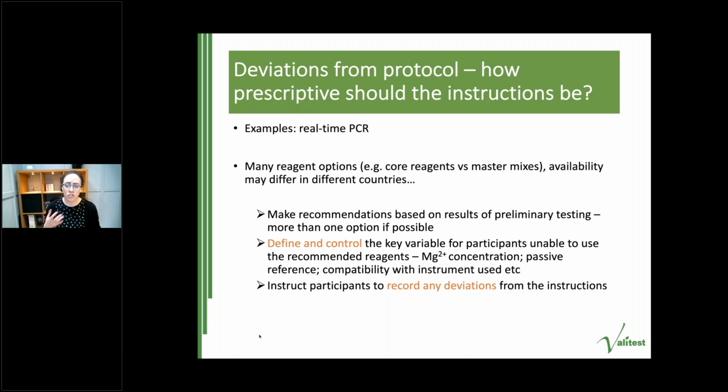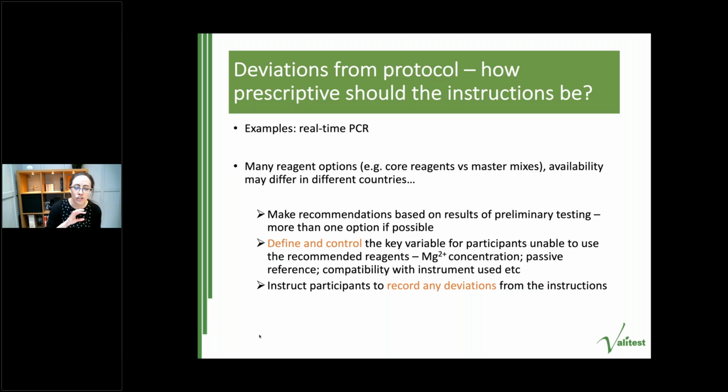So probably what you want to do as the organizer is make recommendations on the basis of your preliminary testing. If you can give more than one option, then that's beneficial to the participants. So instead of saying you must use polymerase X, you can say polymerase X, Y, and Z all gave good results.